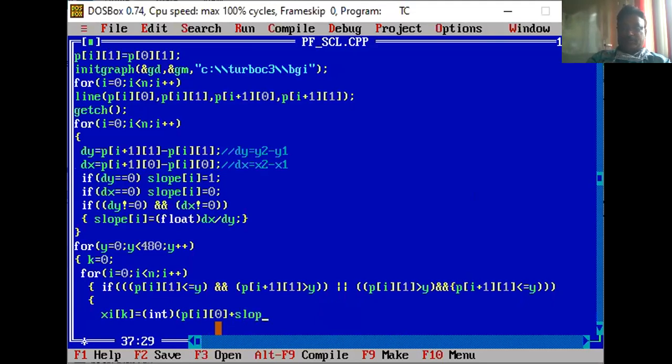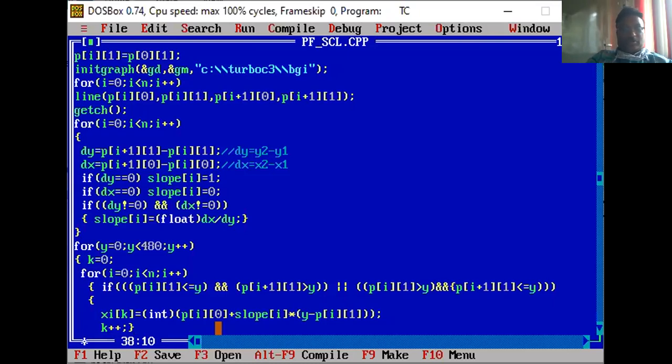We have already calculated the slope of i, multiplied by the y value minus p of i 1. Then k plus plus. So this is the way you can write the entire thing, and then k plus plus.